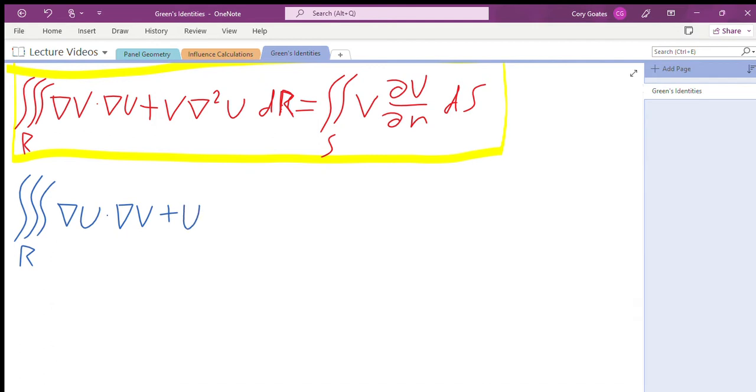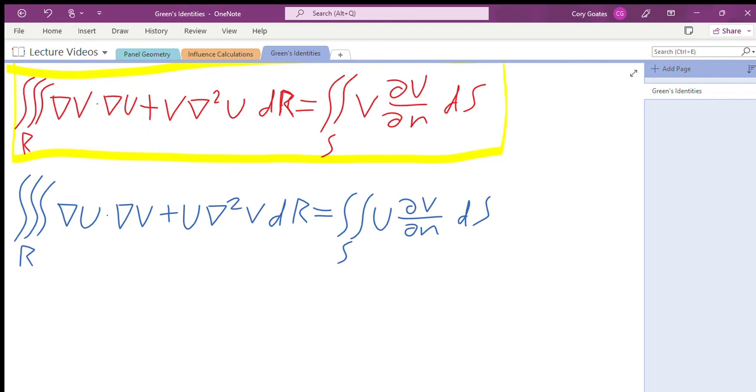Plus u grad squared v dR is equal to the double integral over S of u partial v partial n dS. Okay? Sweet. Well, again, this is just another form of Green's first identity. We've just swapped the places of u and v.